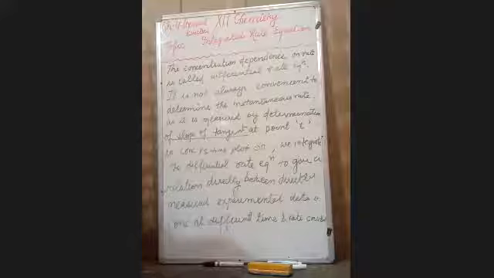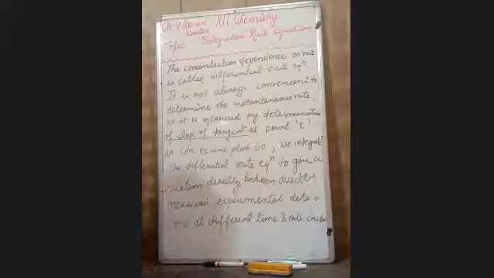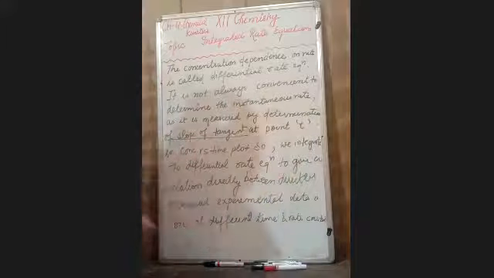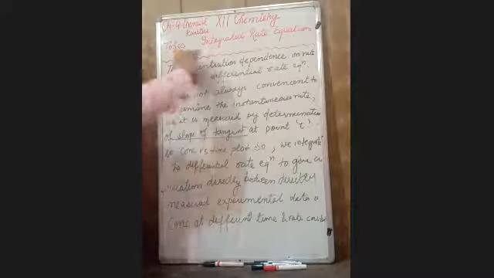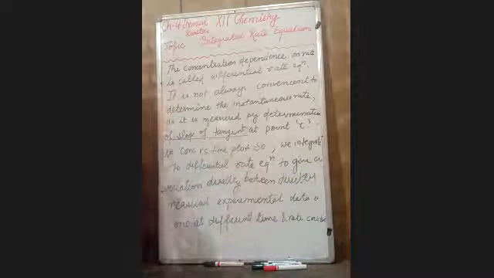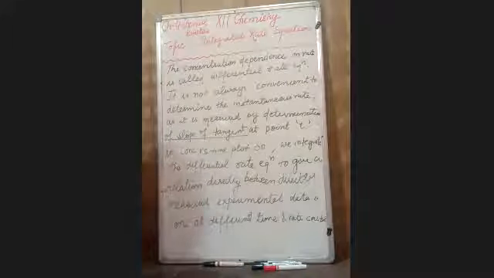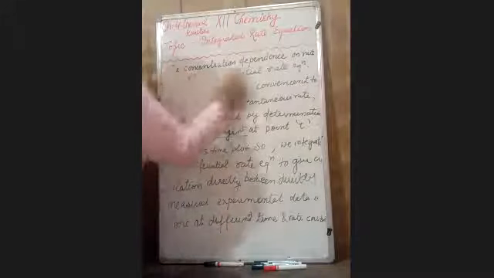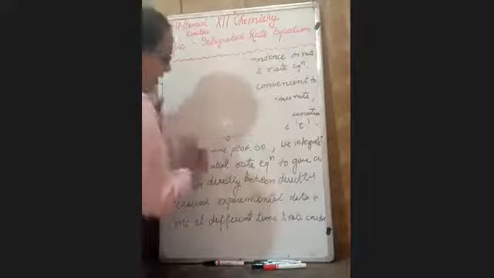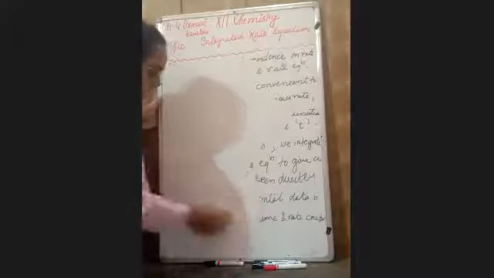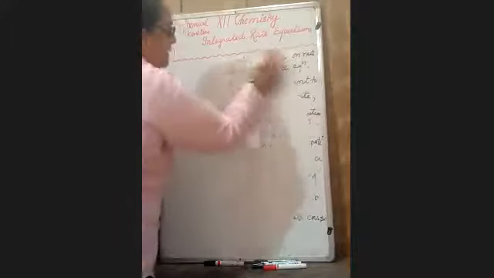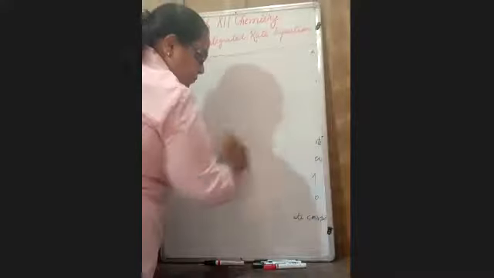Like for first order, it is different. For zero order, it is different. And in your syllabus, we have two integrated rate equations, for zero order and for first order. Fine. So first I am taking into consideration the integrated rate equation for zero order kinetics.